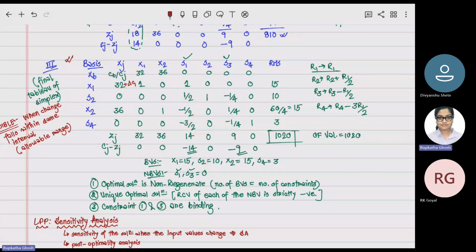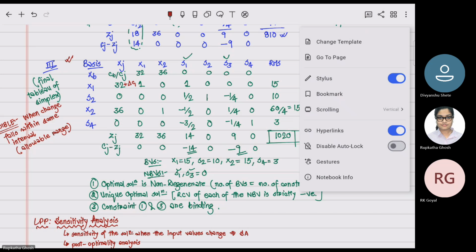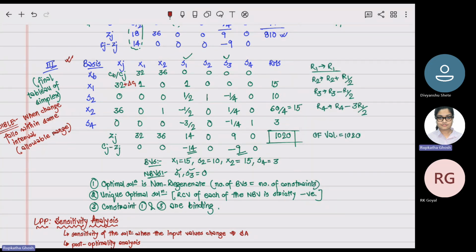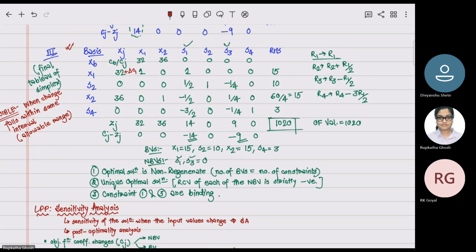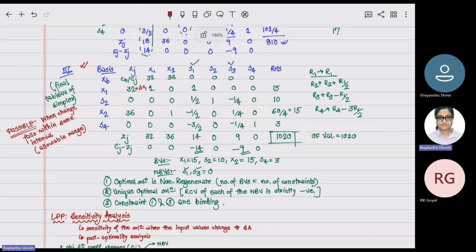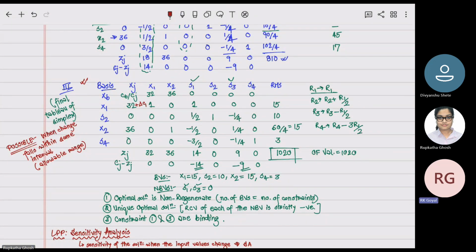Maybe I'll check it. There are three dots here.